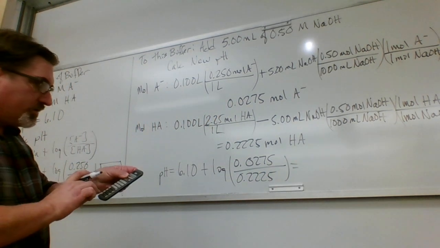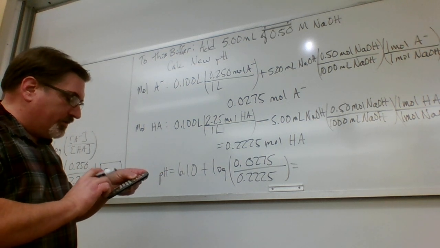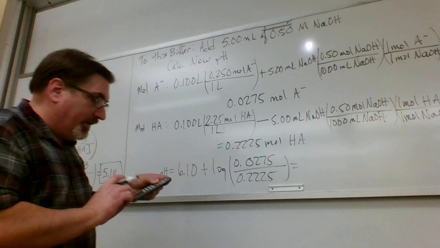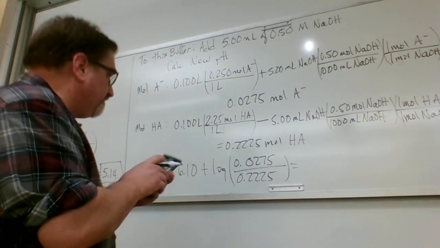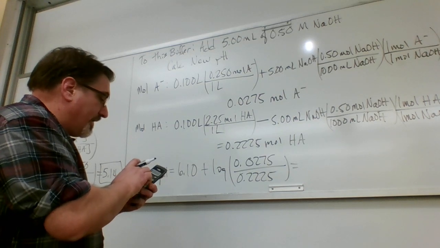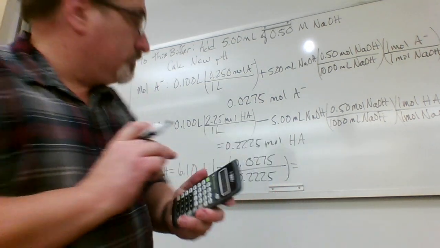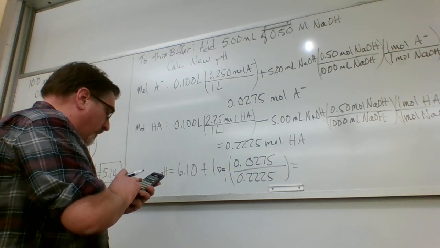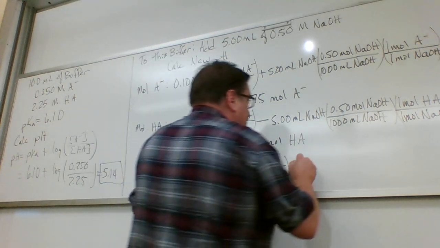So again, doing the log term first, 0.0275 divided by 0.2225 equals 0.214 on my screen. Log of that, minus 0.908, plus 6.1. pH is 5.19.